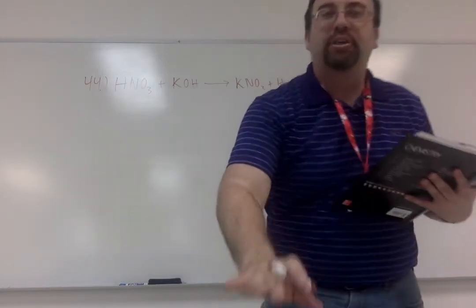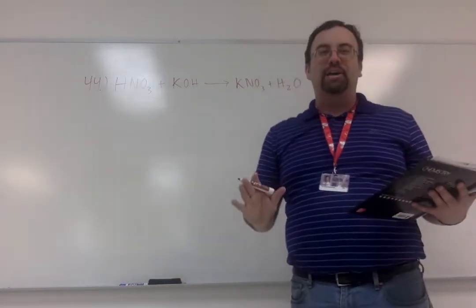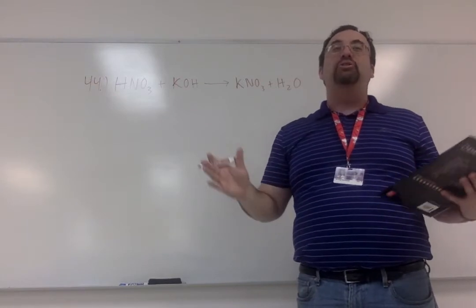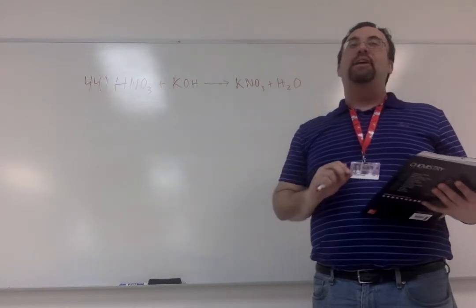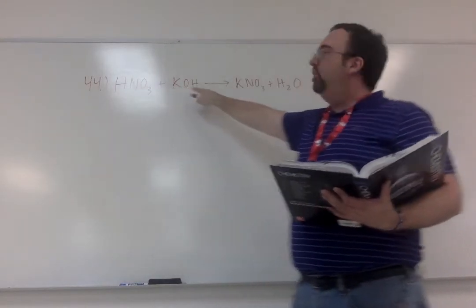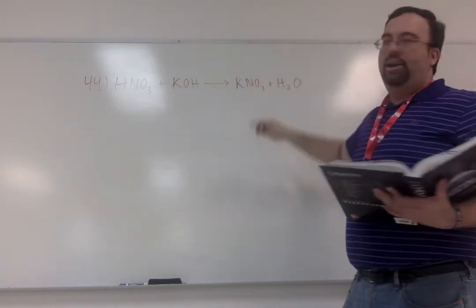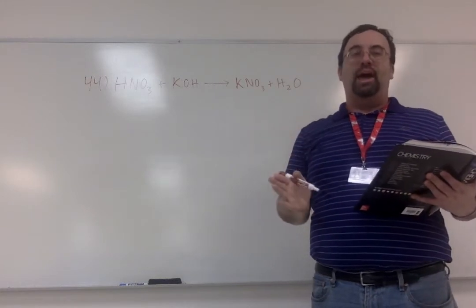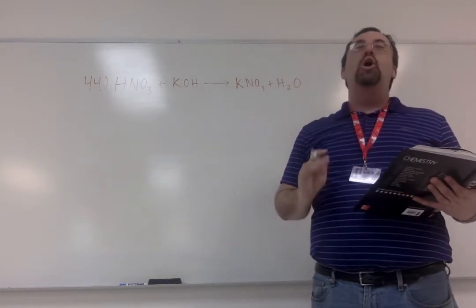Notice that for this problem, we're in luck because it's already been balanced for us. The mole ratio is 1 to 1 to 1 to 1. So we're going to go ahead and solve this problem.